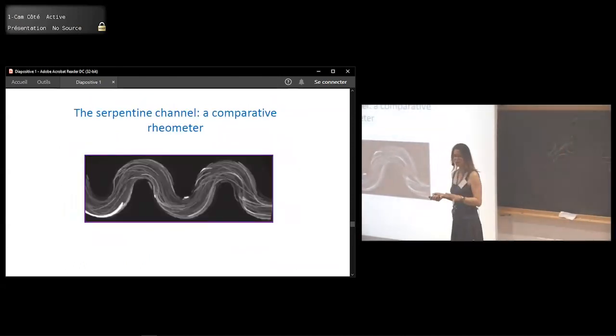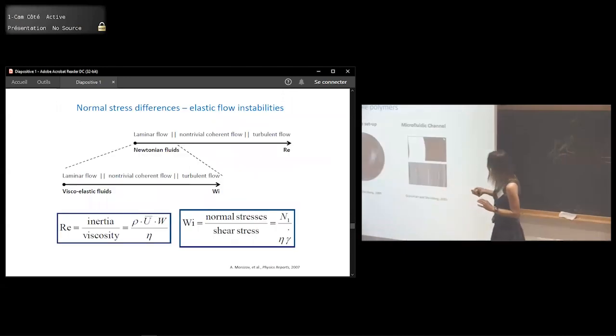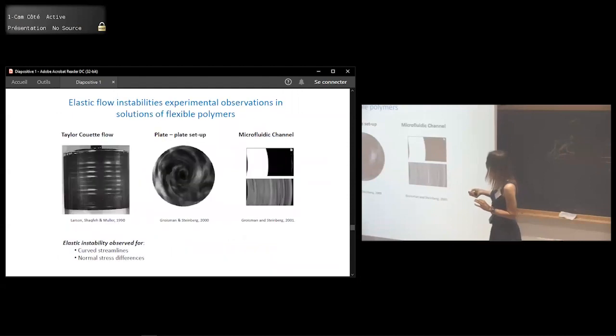So we had a lot of discussion about curved streamlines and what curved streamlines do to flows in the presence of normal stress differences. There have been quite some observations where people looked at geometries with curved streamlines, like a Taylor-Couette flow or a plate-plate setup, where they realized that the system got unstable even at very small inertia.